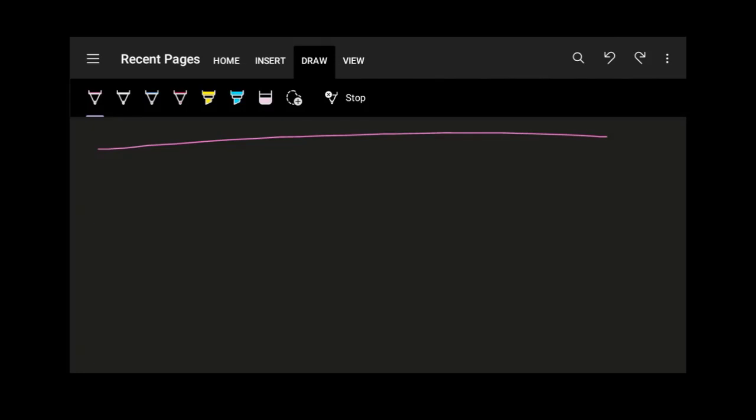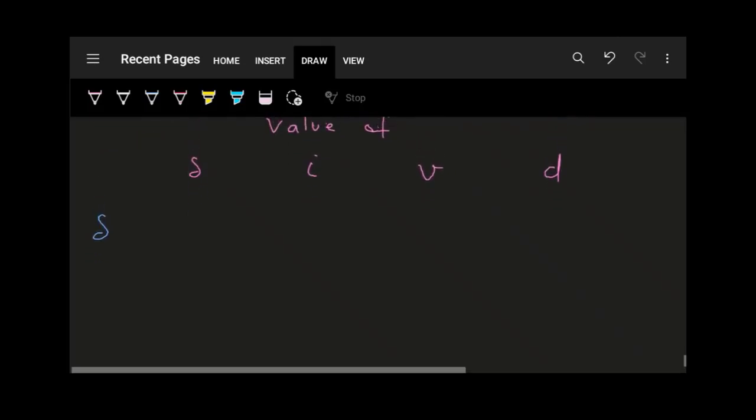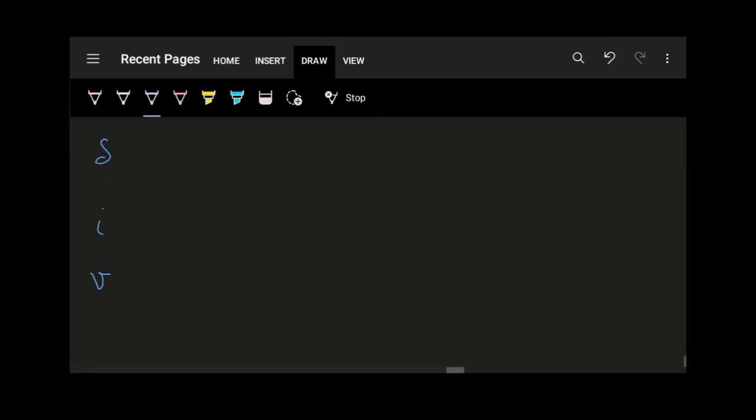So we will get the values of delta, i, v and d in terms of delta, i, v and d.